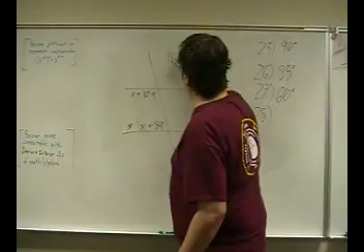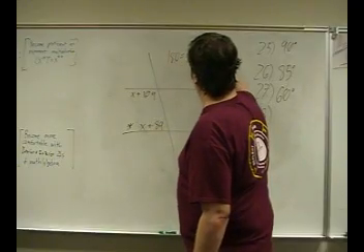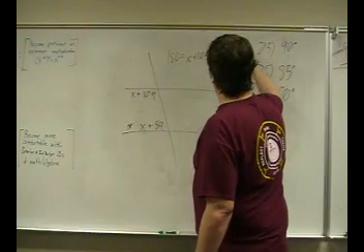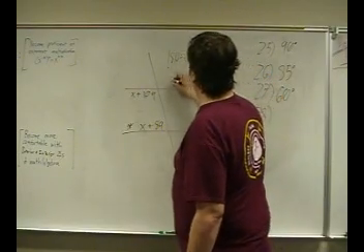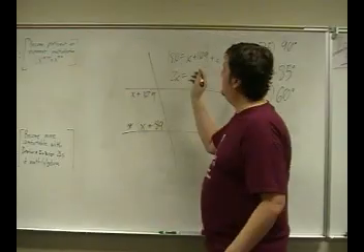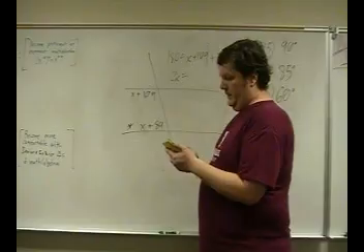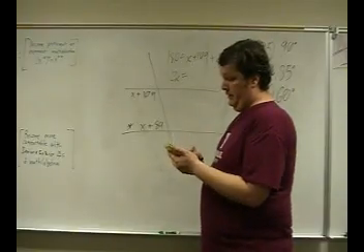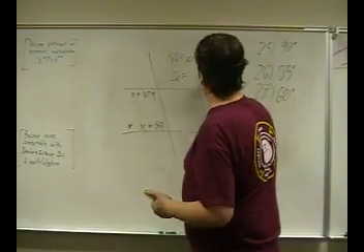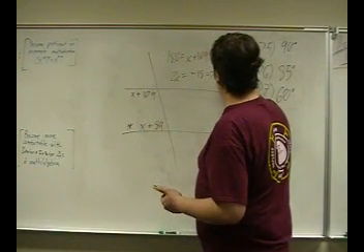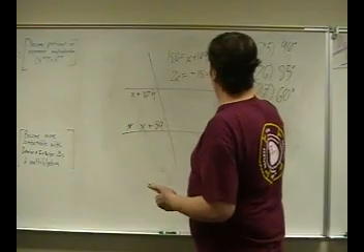So 180 equals x plus 109, I see a problem already, plus x plus 89. So that means 2x equals, because x plus x is 2x, 180 minus 109 minus 89. Yeah, 2x equals negative 18, therefore x equals negative 9.